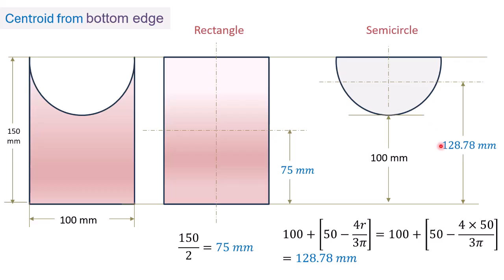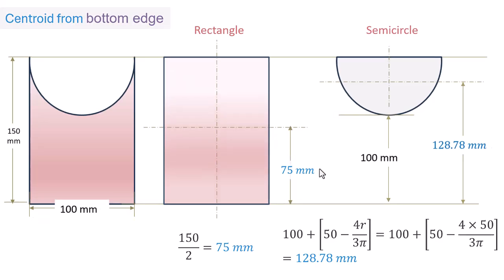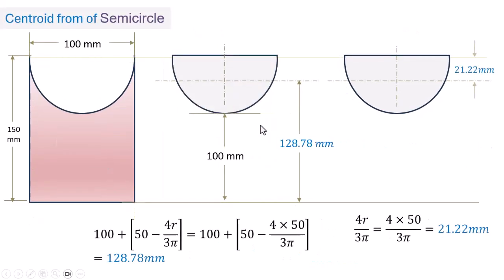Let's look at here. Many students get confused while determining the centroid of a semicircle from a particular reference axis. Just see here. In this figure, the centroid location of the semicircle is calculated in two different ways to show that both approaches lead to the same result.